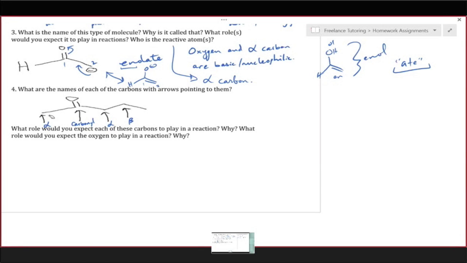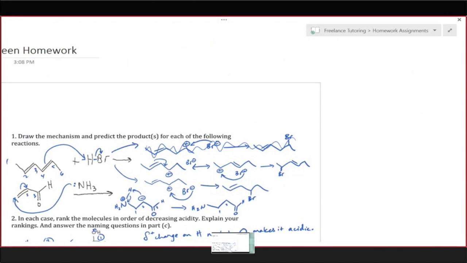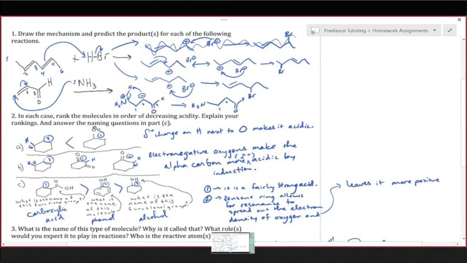But wait a second. In question 1, we had a beta carbon that was reactive. So why was the beta carbon in question 1 reactive and not this beta carbon? Because it had a pi bond, which left it conjugated with that carbonyl.